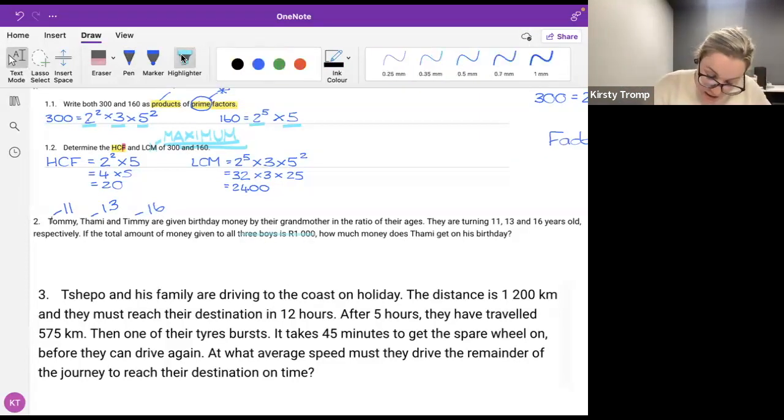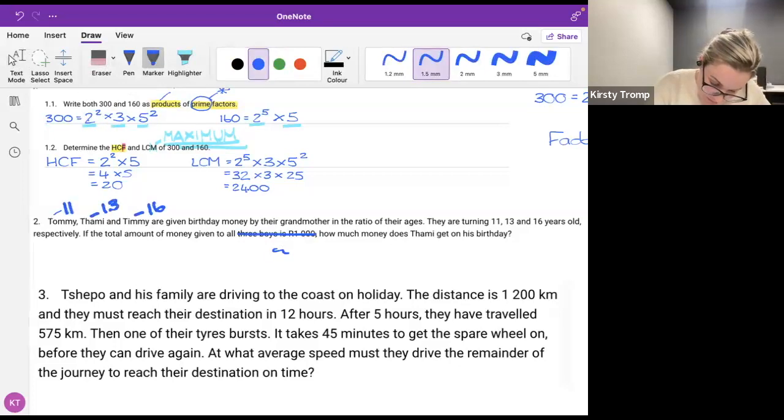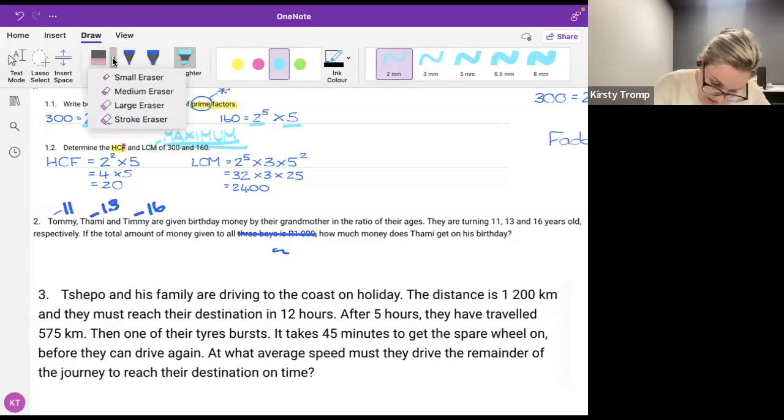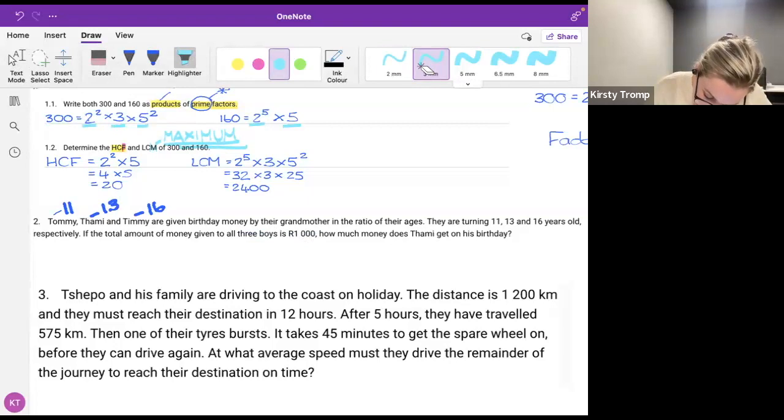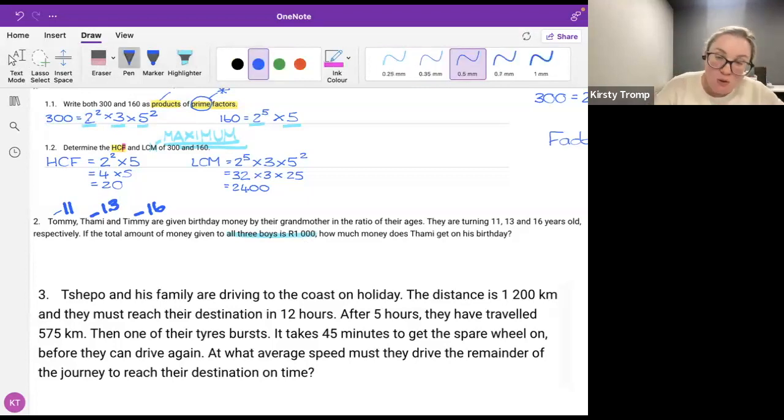So the first thing we need to do is work out what their ages are all together.